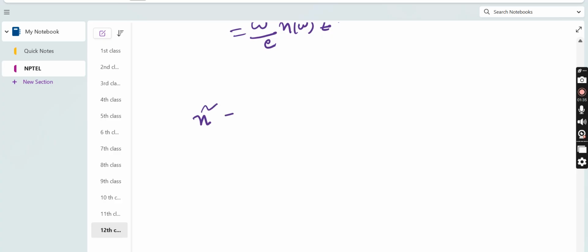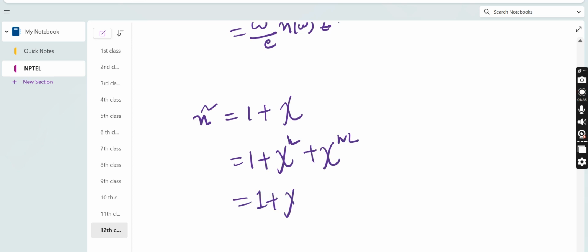Here n square is basically 1 plus chi. So chi has a linear part plus a non-linear part. The linear part is chi, and the non-linear part is chi cubed, when there is a centrosymmetric material.